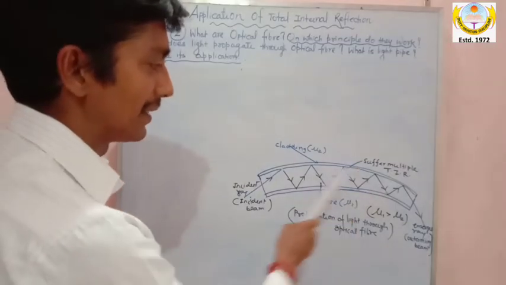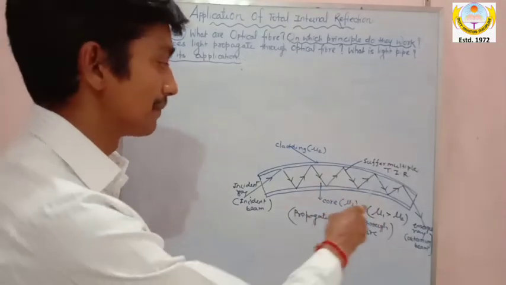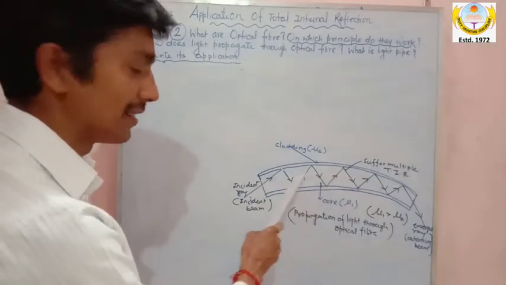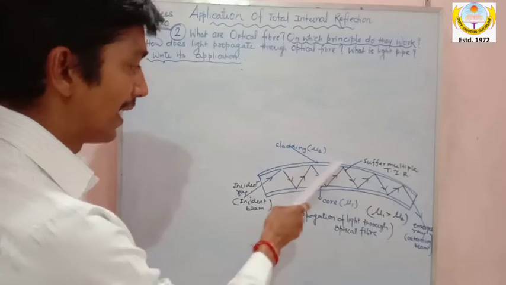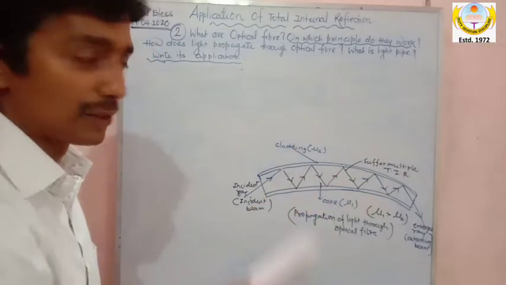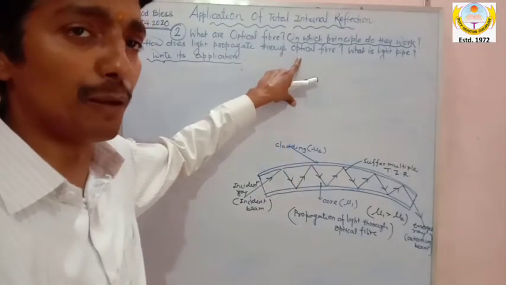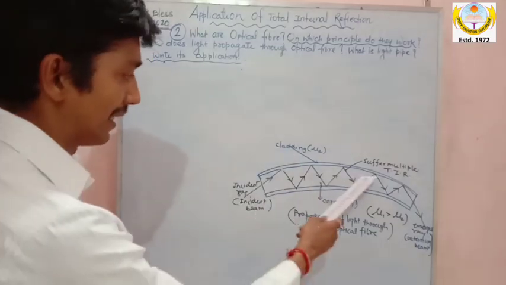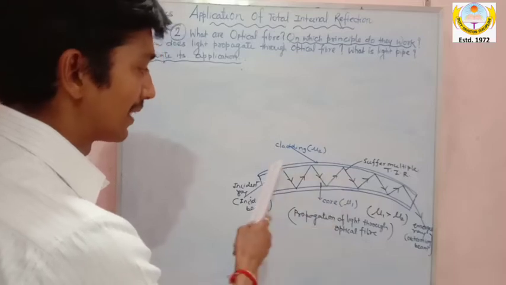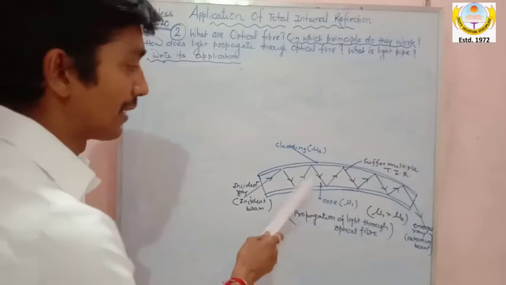This way it suffered multiple total internal reflections inside the fiber, that is, in the core area, because this is the core, and the covering to the core is the cladding. Earlier, in my diagram of the optical fiber, you observed that the area where the light is traveling is the core area, and the covering, this double line I have drawn, is the cladding surrounding the core.